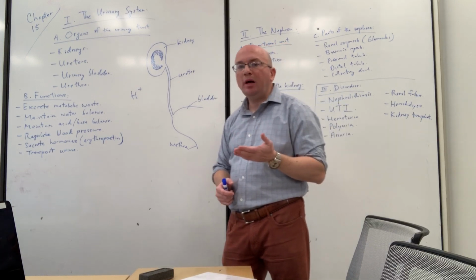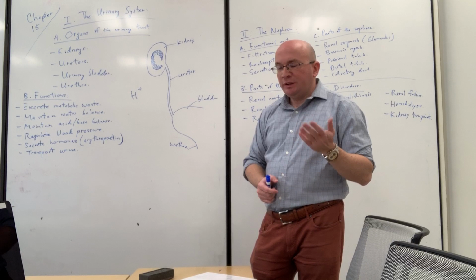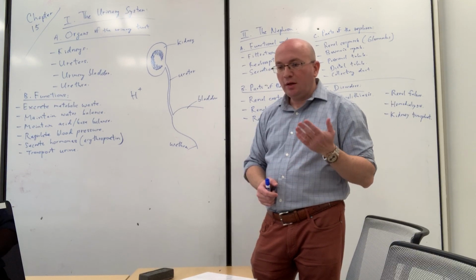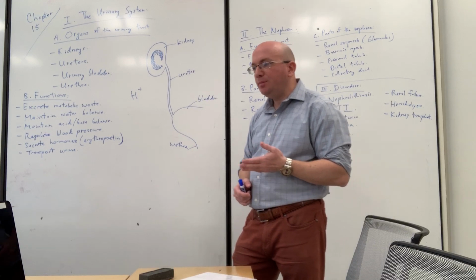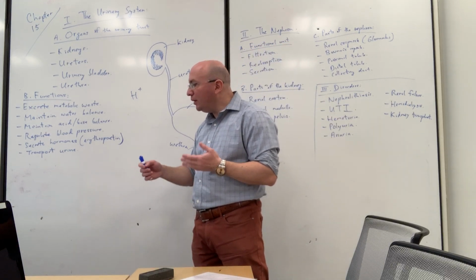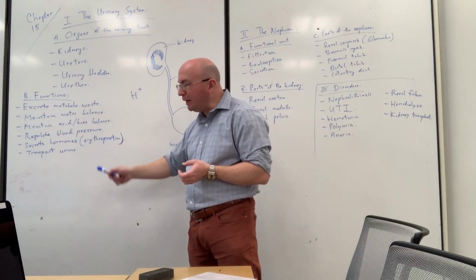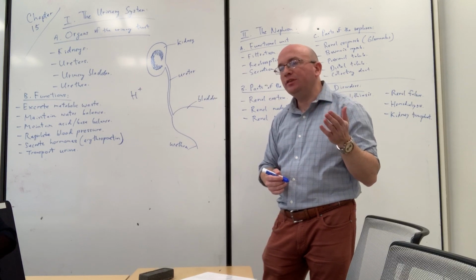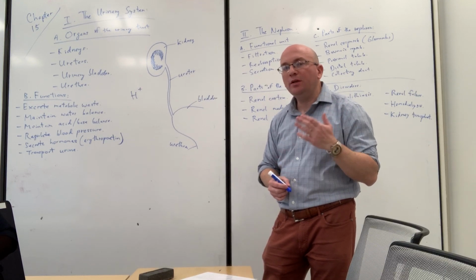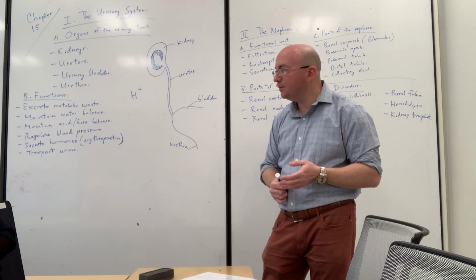Keep in mind, we said this already, that red blood cells, just like other components of blood, white blood cells and platelets, are all produced in the bone marrow, deep inside our bones. And in order to regulate the production of red blood cells, this hormone is produced by the kidneys called erythropoietin, or EPO, and it travels from the kidney to the bone marrow to regulate production of red blood cells.